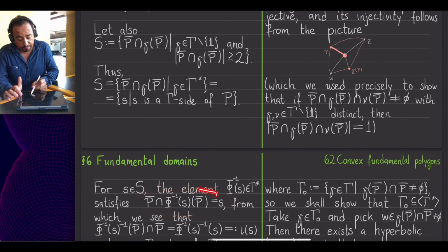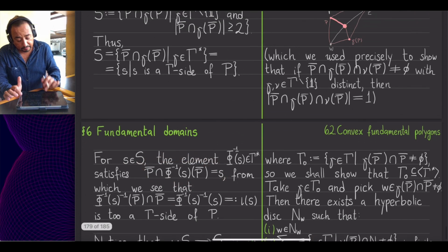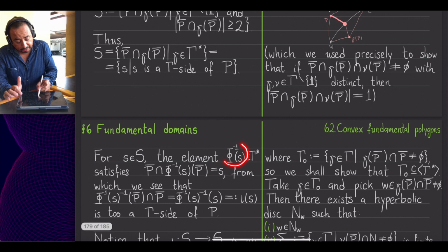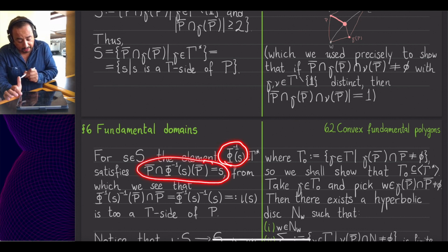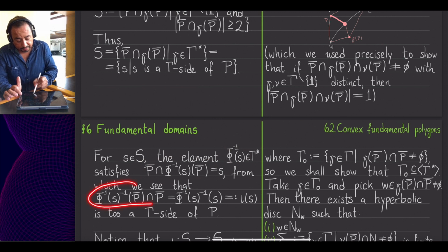And if I apply the inverse in gamma of this element to this identity, what I obtain is this identity, which I'm going to call iota of S.